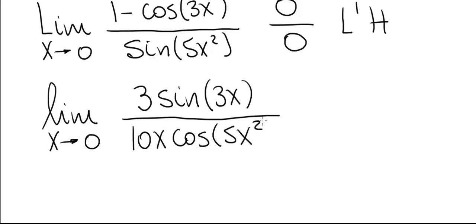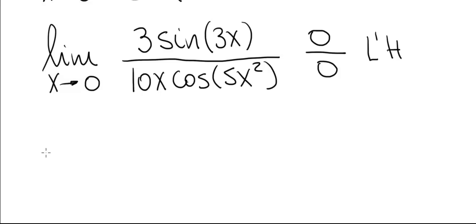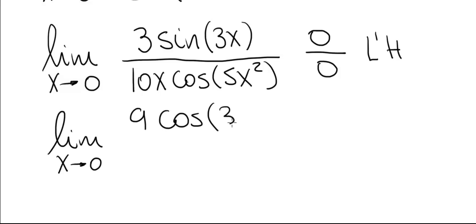Now, let x approach 0. Once again, numerator goes to 0, denominator goes to 0. We still end up with an indeterminate form 0 over 0, and we apply L'Hopital's rule once again. Take the derivative of the numerator now. And this is the limit x approaches 0 of 9 times cosine of 3x.